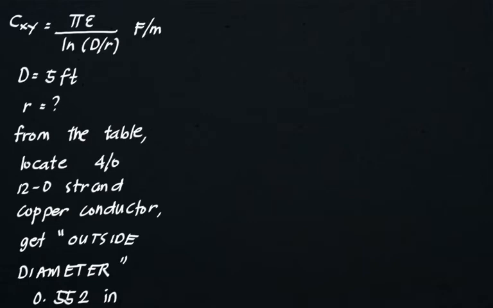Since we have the r already, we can just plug this in. We don't want to forget to divide this by 2, because the given value is the diameter and we are looking for r.